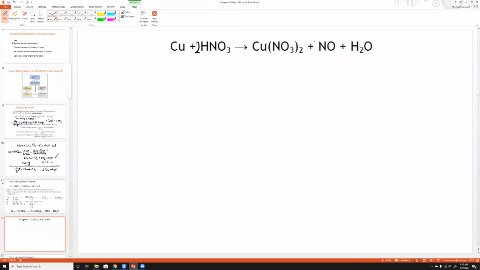You kind of encounter a crossroad. Should I put a coefficient here or here? What do I do? Then oxygen. 2 times 3 is 6. There's 6 of them here, 7, 8. And there's 3 sources of oxygen. That's insane.